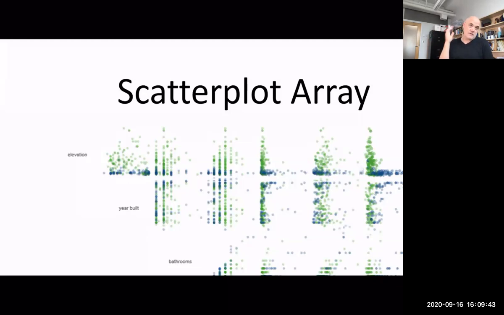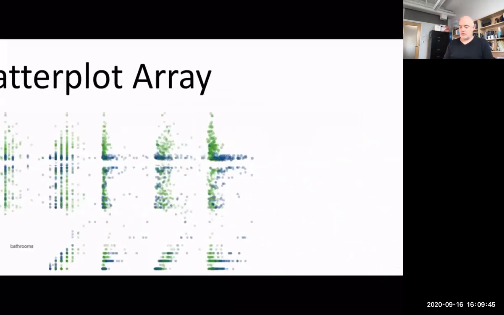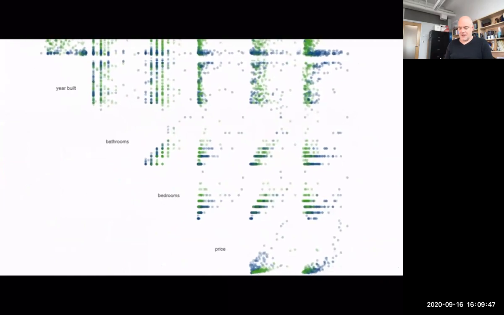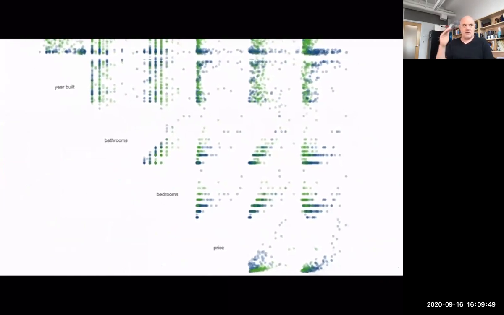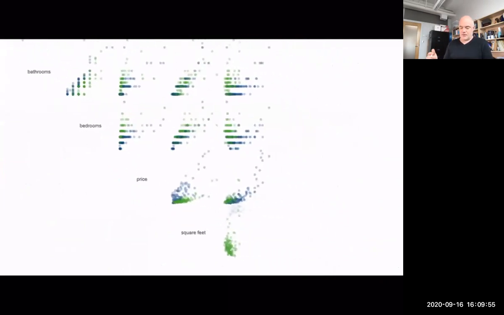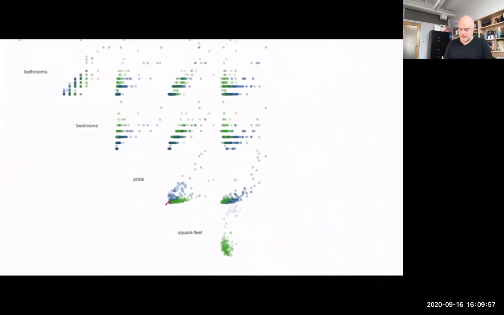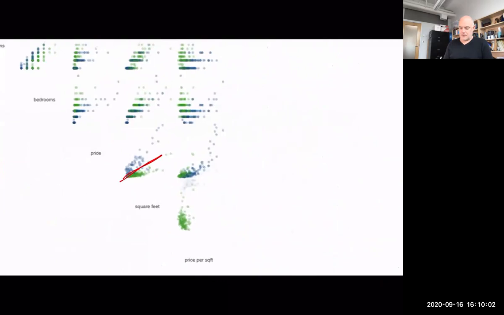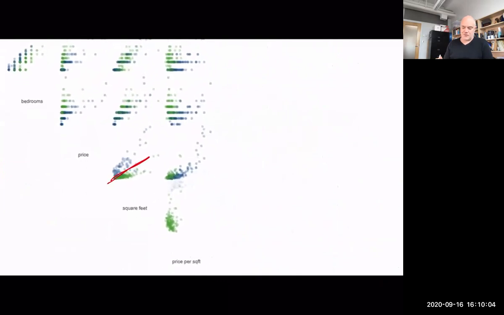Or manually, if you were to build the decision tree, you would go in and look at this and zoom around and say, bathrooms versus bedrooms, if I want to split on a horizontal or vertical axis, is probably not the best thing to look at. Price versus square foot, it's clearly separable, but that's not the kind of decision rule we know how to put in there. Price per square foot versus price is kind of a weird thing to look at, but maybe there's a decision rule you could put here.